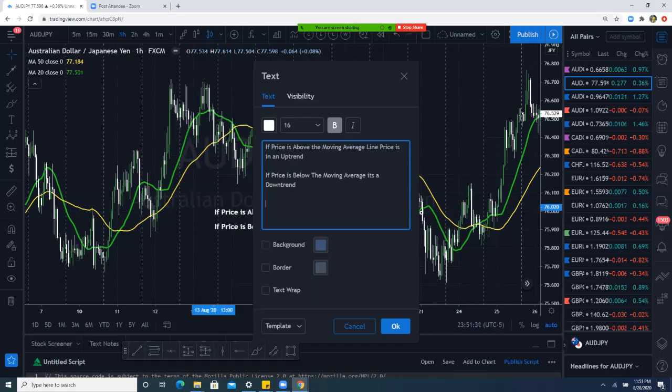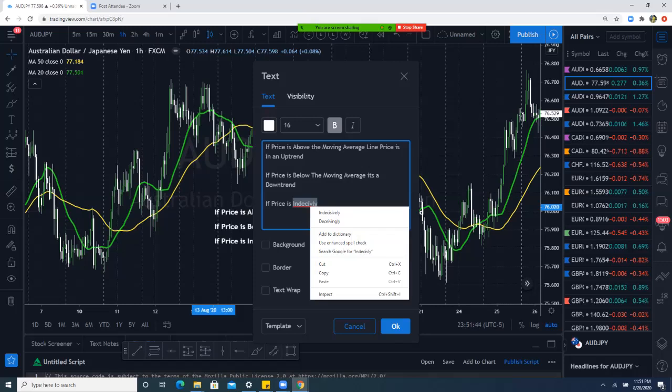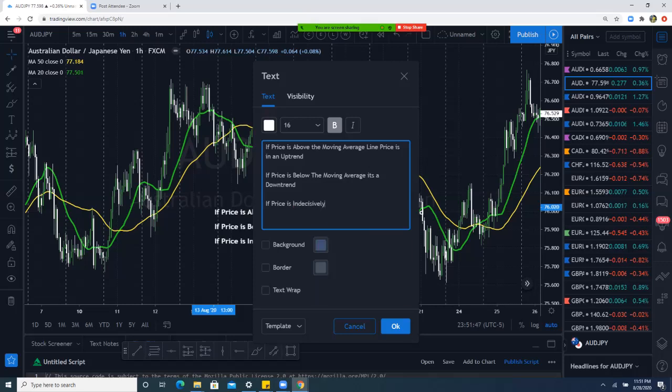And then for consolidation, if price is indecisively, that's the best word to use, or being really choppy in between, there you go.